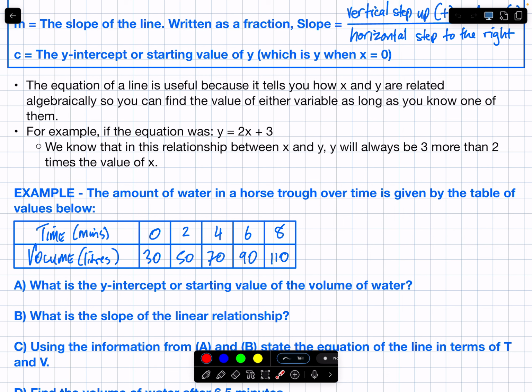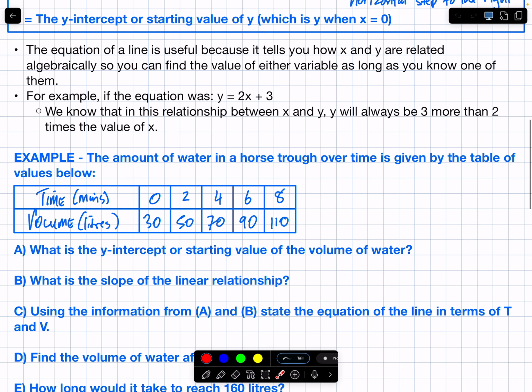Volume of water going up, so they're filling up the horse trough. The lesson blanks are on Damo, as far as I remember. What is the y-intercept? What is the starting value of the volume of water? Looking at that table, what did the horse trough start at? Did it start off at 0? No. What did it start at? 30. Yeah.